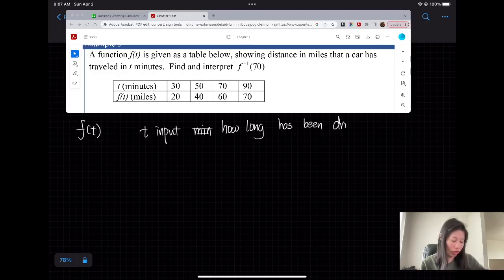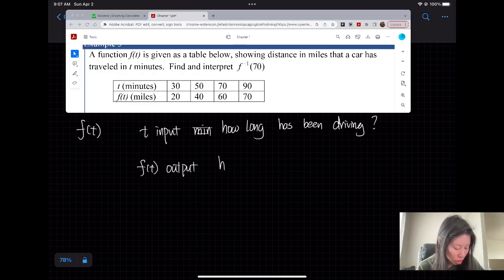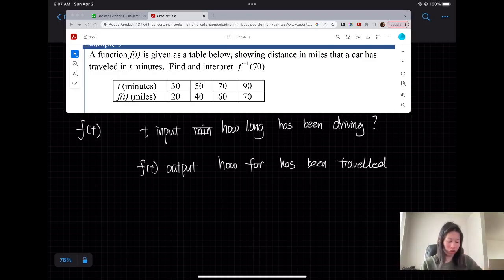Driven. And then what's the output? The output f of t is how far has been traveled, right?